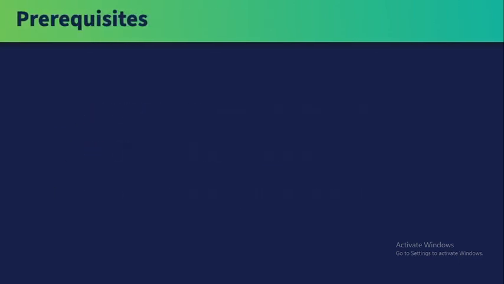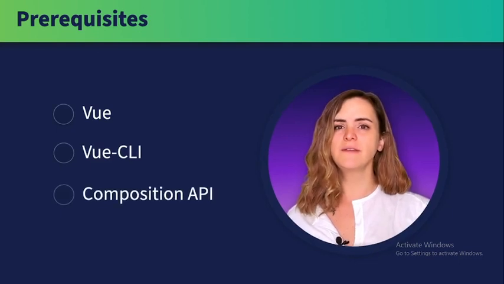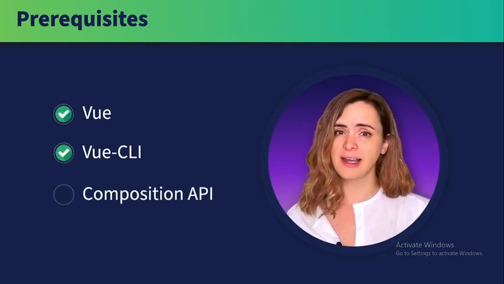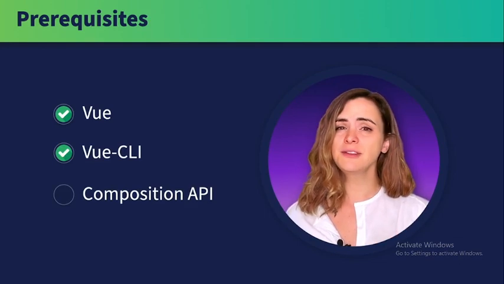To get the most out of this course, you'll need a solid understanding of Vue itself and the Vue CLI, as well as fundamental understanding of the Composition API. So if you're ready to start feeling confident plugging GraphQL into your Vue apps, I'll see you in the next lesson.